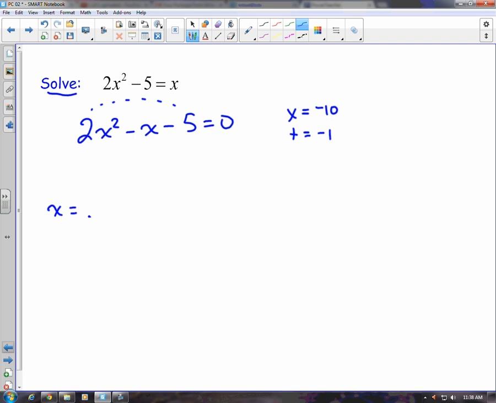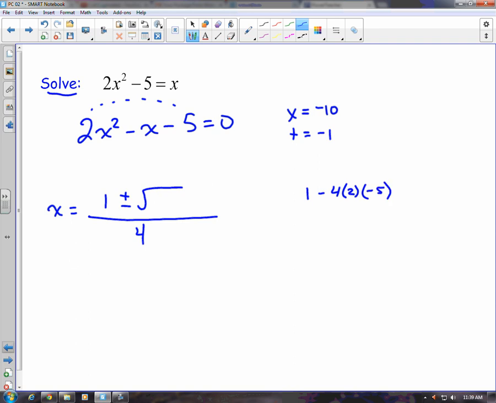All right, and you're given the quadratic formula on your formula sheet, but maybe not for the pre-calc. I don't know, we'll see. So minus b plus and minus square root of b squared minus 4ac all over 2a. So 2a is 4. And so now inside here we want our discriminant, b squared minus 4 times a times c.